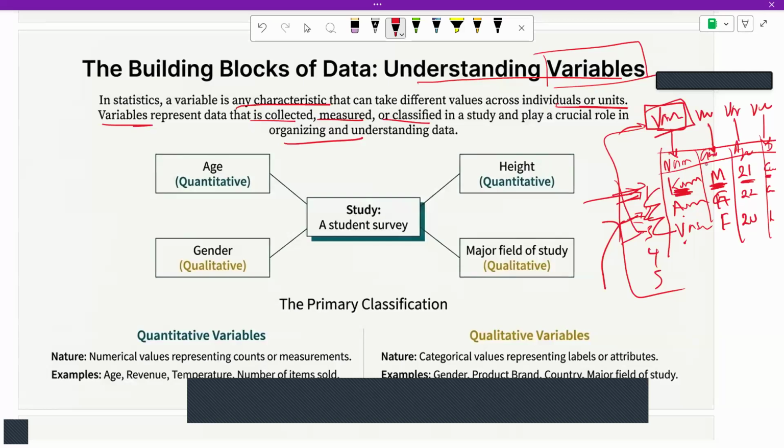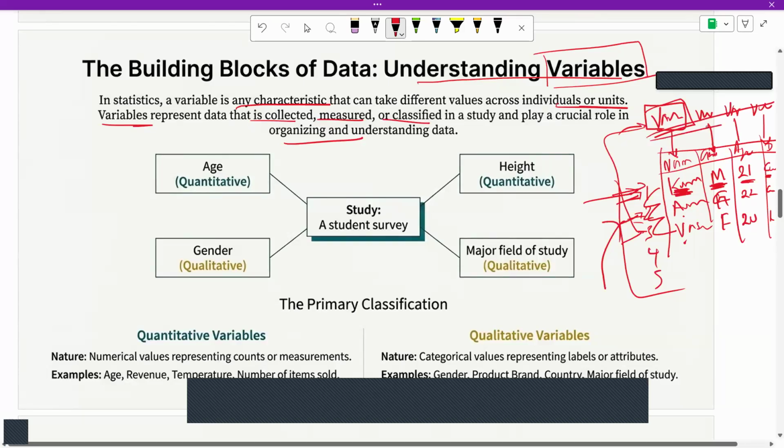To make the data set well organized and understandable, we need to organize it based on the variables. Name is a variable, gender is a variable, age is a variable, and the columns are variables. In that way, we have organized it so that it makes things easy.